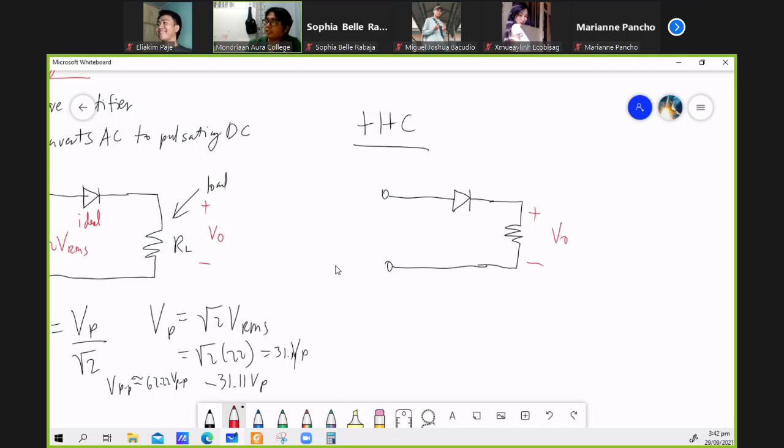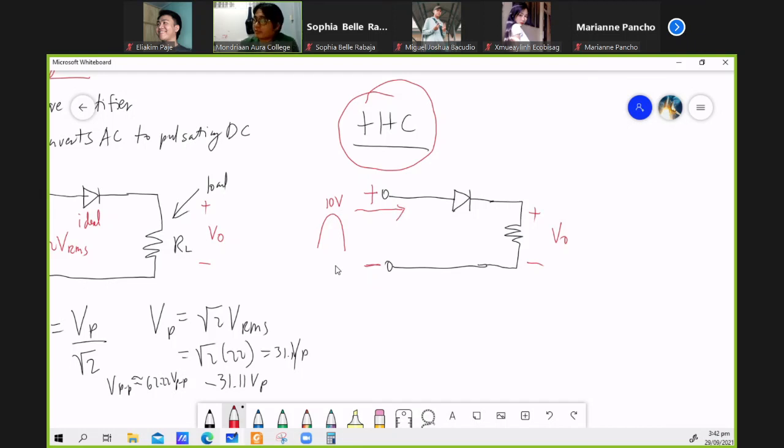This is the output voltage. So sa positive half cycle, papasok ito. Okay? And ang peak niya is 10 volts. Ibig sabihin, yung nasa taas is positive, yung nasa baba is negative. This is for the positive half cycle. Kasi di ba, dito pumapasok sa taas.